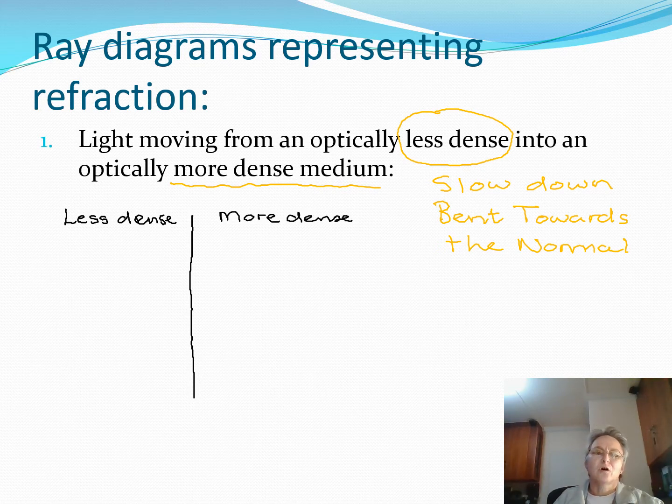So this is optical density. First thing we have to draw in is our normal. Normal would be 90 degrees to the surface separating the two mediums.